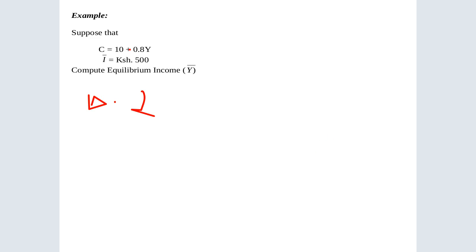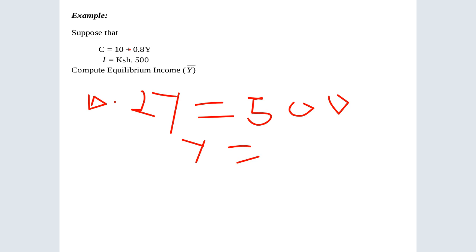Sorry, my pen is misbehaving. So this 0.2Y should be equal to 500. So your Y should be equal to 500 divided by what?